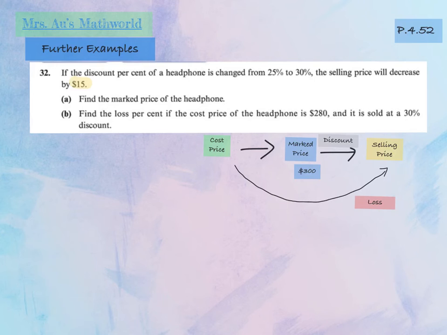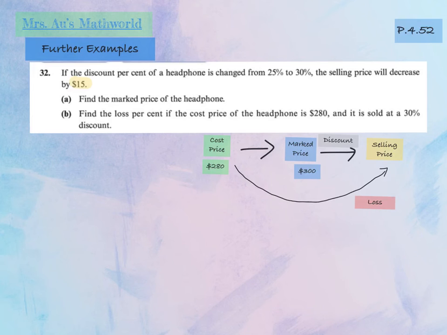So right now we go to part B. This time we don't have any information for these two numbers, but we know the market price is $300. Then we can check the loss percent, if the cost price is 280. We can put the information here, and it is sold at a 30% discount.